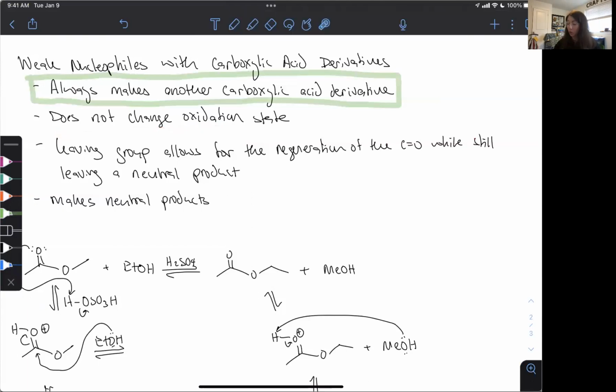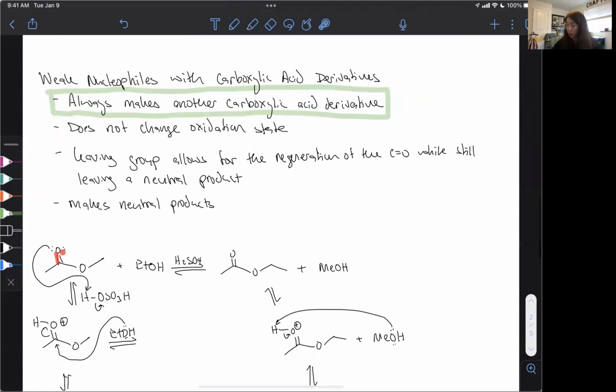We should be seeing 3 bonds to electronegative atoms. Whether that's carboxylic acid, ester, amide, or acid chloride, all those have 3 bonds to the carbon with an electronegative atom. We should all end with 3 bonds to an electronegative atom on that carbon.